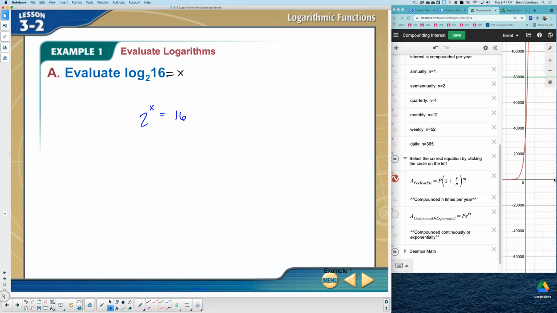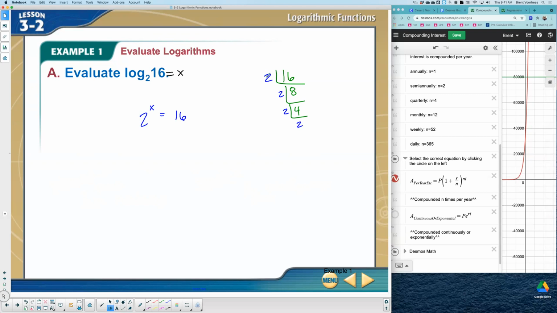What I'm going to do is take my 16 and use what I call upside down division, where I ask myself, how many times can the base divide into 16? The base is 2. How many times can 2 divide into 16? 8. And I'm going to keep going and say, okay, now that I know that that's an 8, how many times can my base of 2 divide into 8? 4 times. How many times can my base of 2 divide into 4? 2.